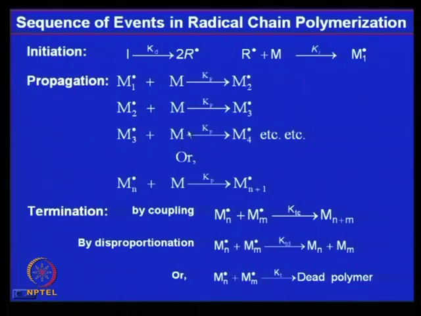That means these monomer molecules come close to this growing chain and are added, so gradually it is increasing, and this entire step occurs at a very fast rate. If you look into the rate constant data, you will see how fast it is.